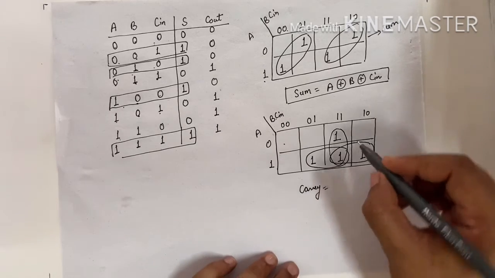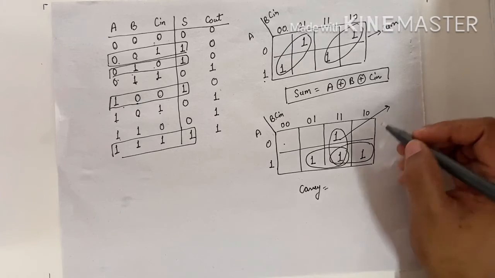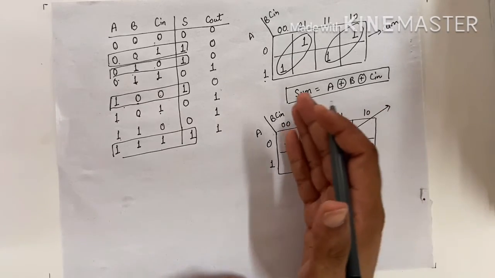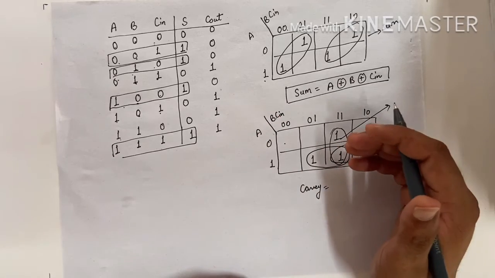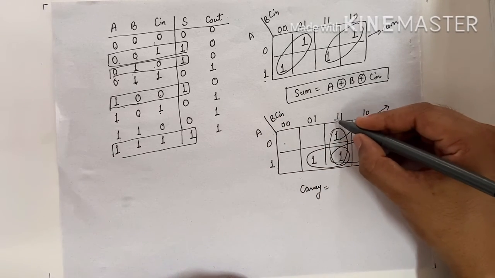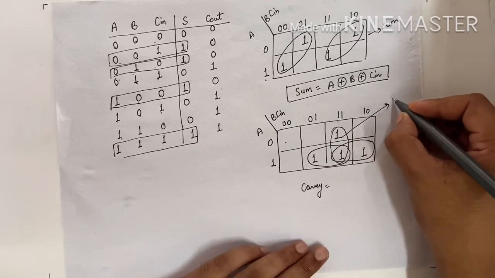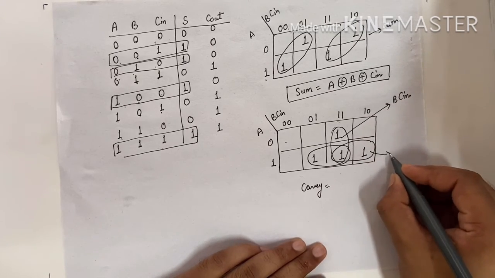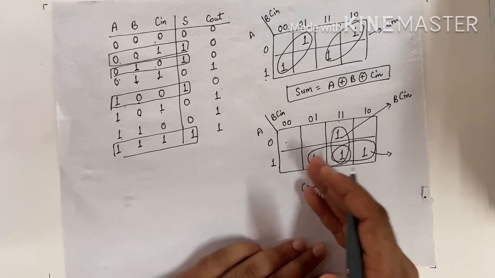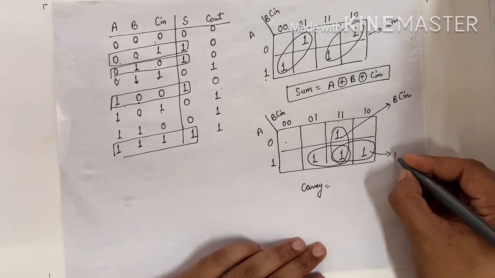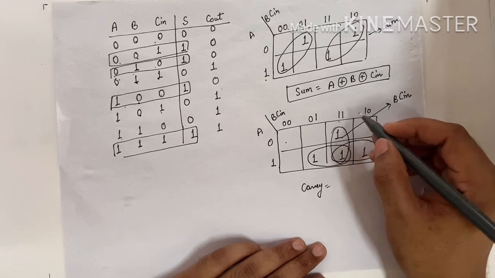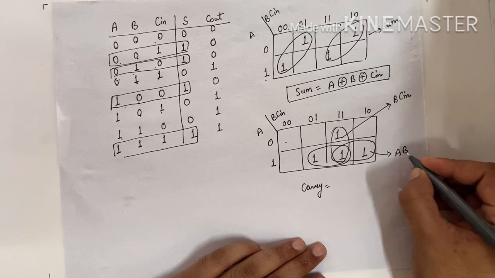Suppose we group such a condition. We see on the left nothing is common, and on the top we can see 1 1. So 1 1 means B C input. Now for this, on the left it is 1 1 meaning A. On the top, 1 is common, and 1 represents B, so we write AB here.